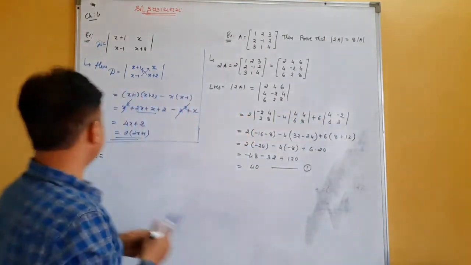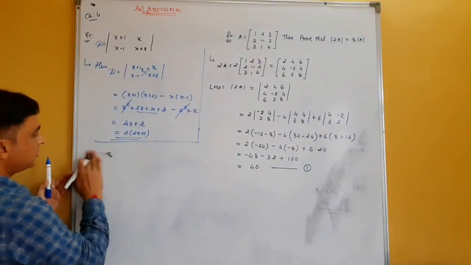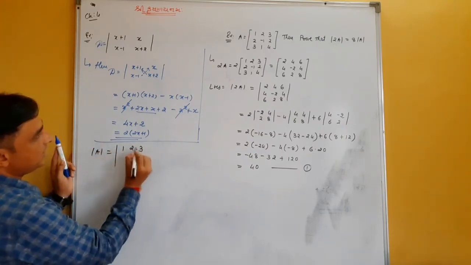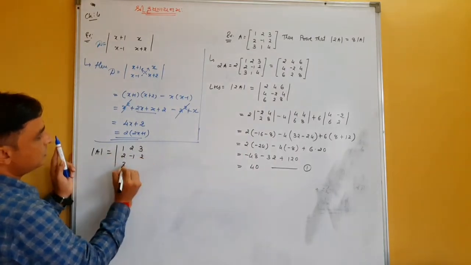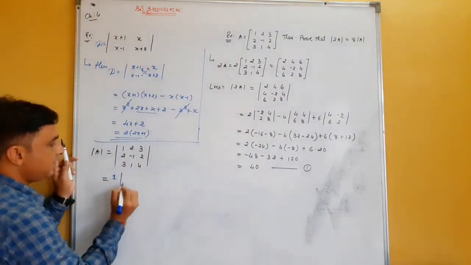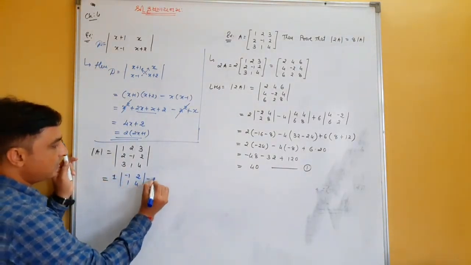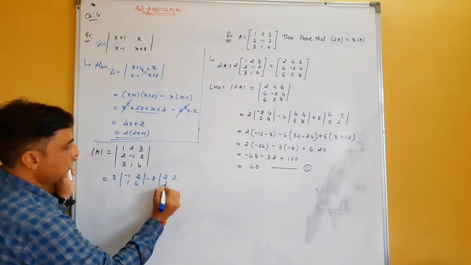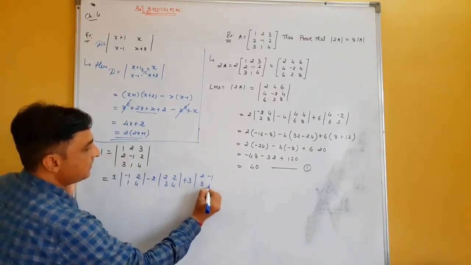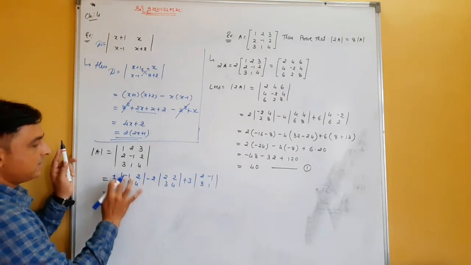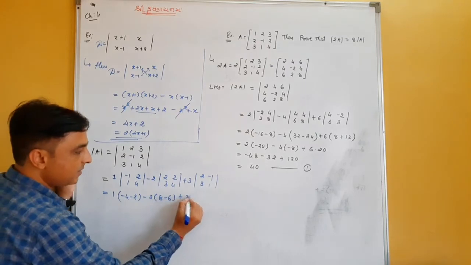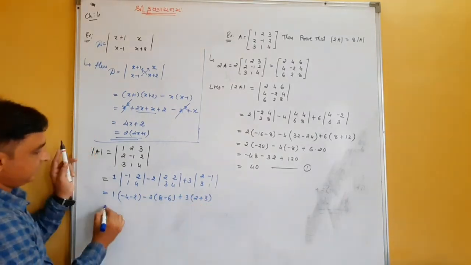Now for the right hand side, we find 8 times the determinant of A. First of all we find the determinant of A: 1 2 3, 2 minus 1 2, 3 1 4. Simplify it. 1 into (minus 4 minus 2), minus 2 into (8 minus 6), plus 3 into (2 plus 3).